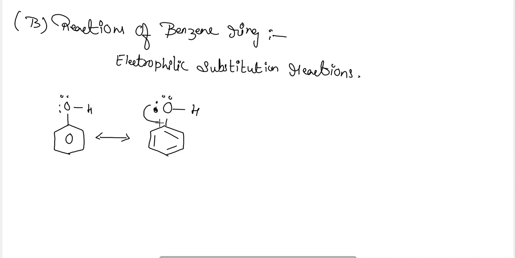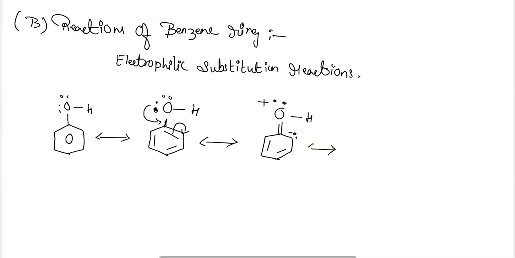The lone pair of electrons on the oxygen will shift towards the carbon and oxygen bond, and a double bond formation will take place, giving O plus H. The double bond present here will shift to the other carbon atom, forming a lone pair, so this carbon atom will attain a negative charge.